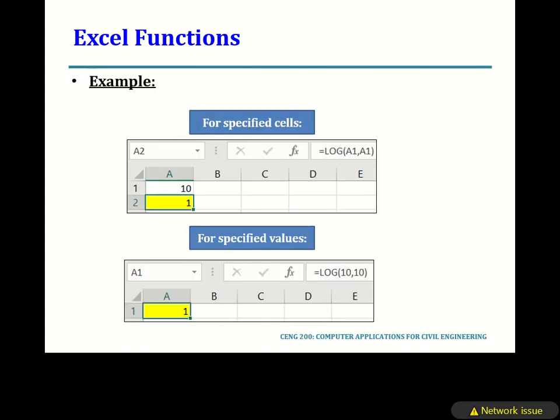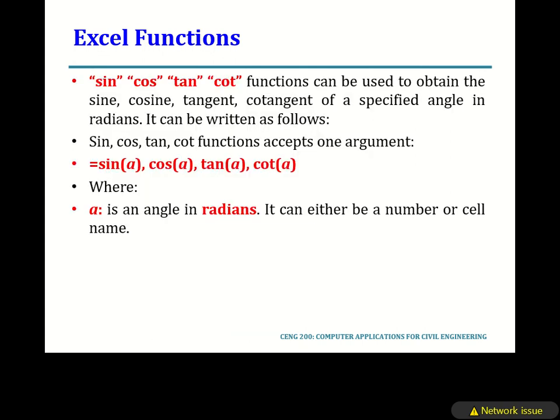And you can see the sine, cos, we know these things, right? Sine, cos, tan, cot. Again, each takes one number. You can see the syntax here. Sin, cos, tan, cot, and in the bracket you will put one number.